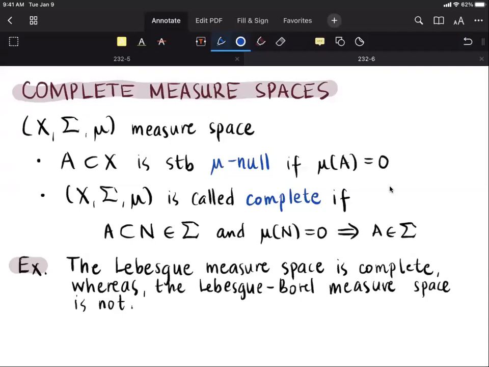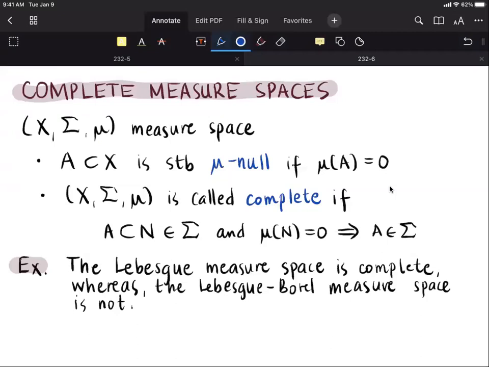And this measure space will be called complete if the following condition is satisfied. Take a measurable set that is mu null, then any subset must also be measurable. Again, a measure space is said to be complete if every subset of a null set is again measurable.